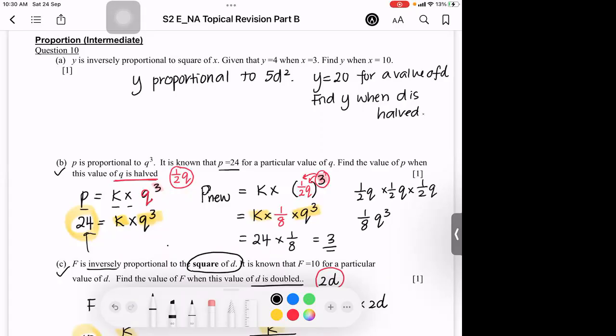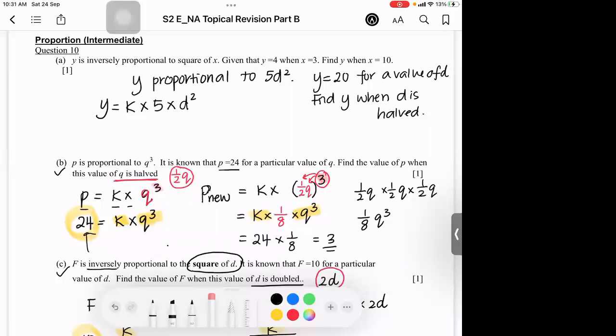Okay, let's say this one. How to do? Y proportional to 5D square, right? I only add one number and letter only. So Y directly proportional, so Y equals to K times 5 times D squared, or K 5D squared also can. Okay, I just wrote a multiplication sign.